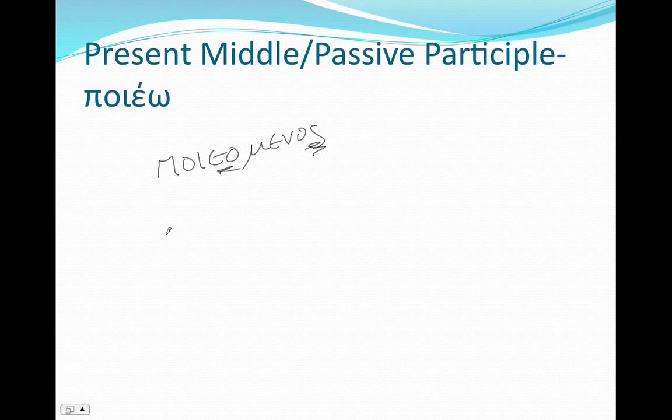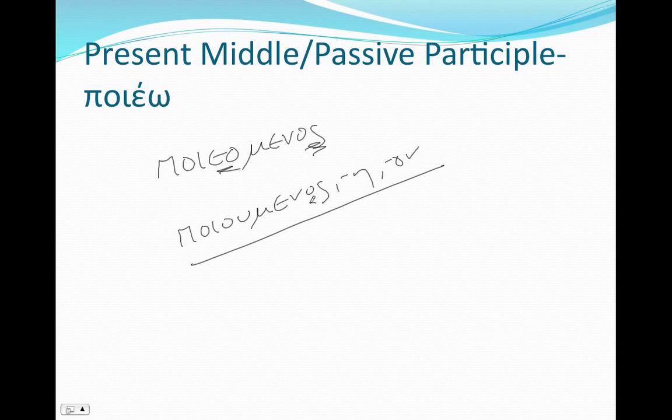What happens when we contract epsilon and omicron? Poioumenos, poioumene, poioumenon, with this matching the noun it's modifying in gender, number, and case. And again, same thing, we would accent recessively, and the accent would stay there. In many cases, it shifts forward.